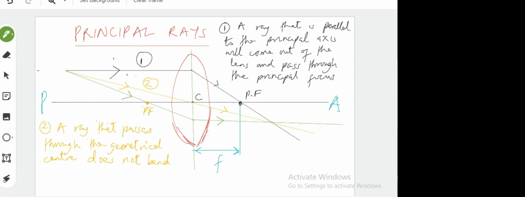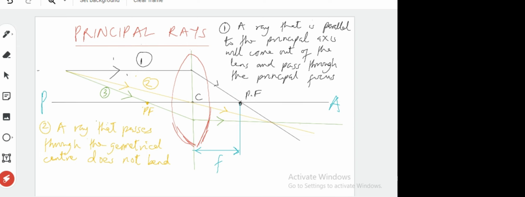Let me tell you why I said you only need two. Look at the first two. This black one and the yellow one already met somewhere. When we drew the third one, it just confirmed it, so we didn't need the third one. The black and yellow met here.